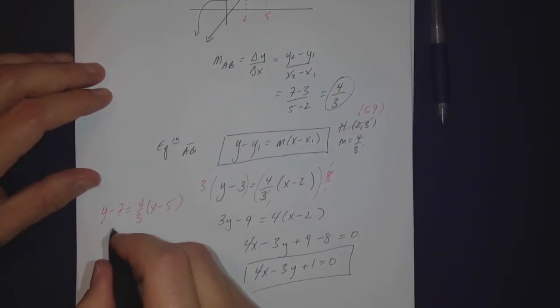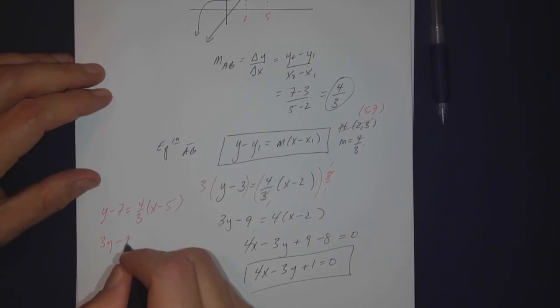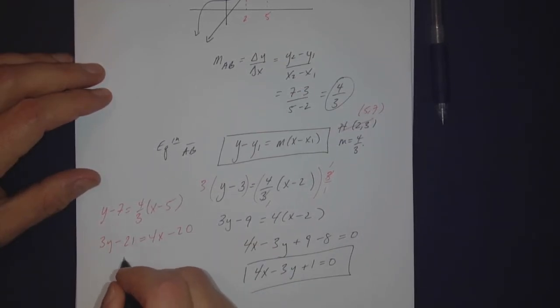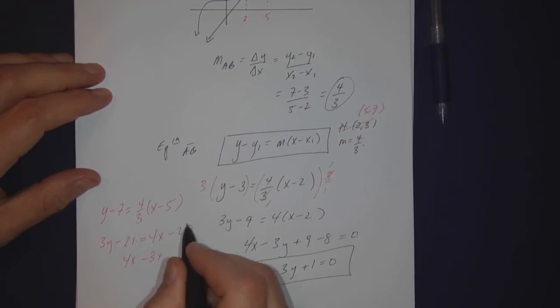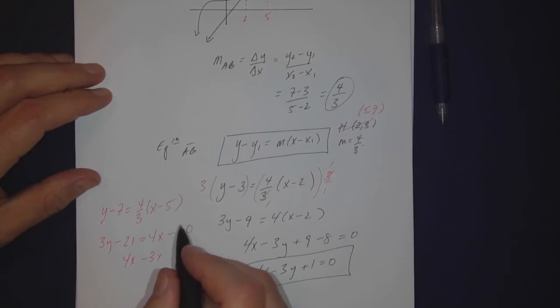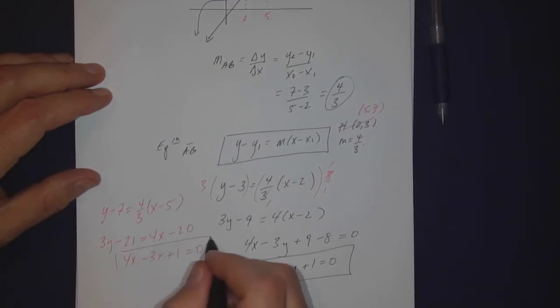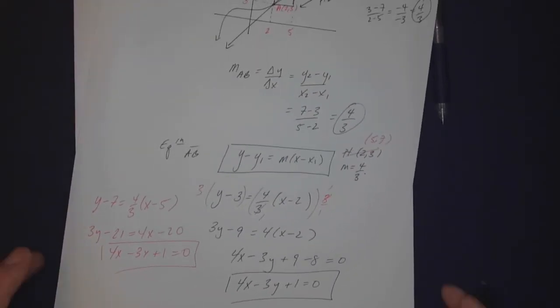Multiply both sides by 3. 3y minus 21 equals 4x minus 20. So it's going to be 4x minus 3y. The negative 21 becomes positive 21. Take away 20 is 1 equals 0. And lo and behold, we are good.